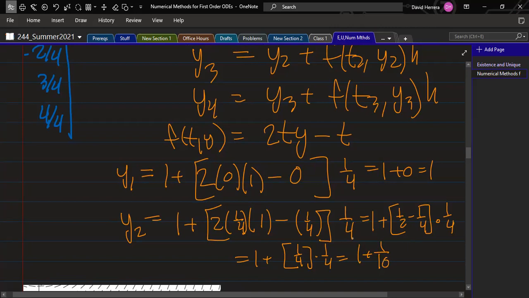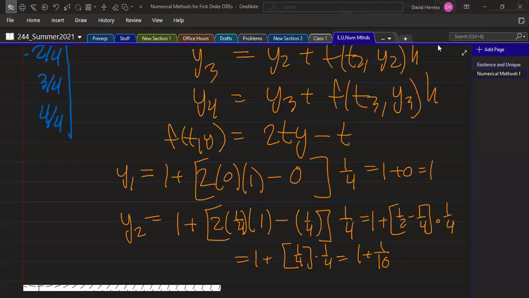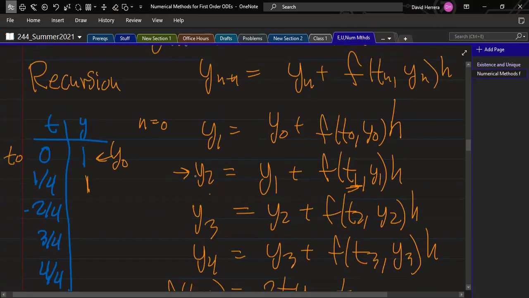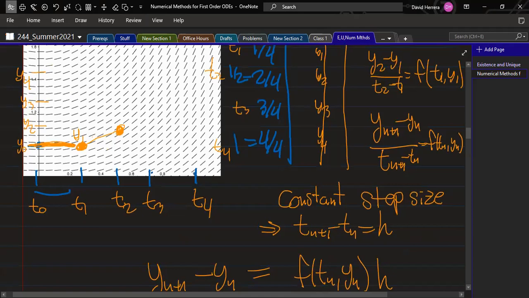And this right here is about 1. But if you're going to calculate it, you can see that the value is about 1.062, whatever. Just going to put approximate. And you see that because the slope here is very small, it's a fourth, and you're only going over by a fourth, the slope isn't very big.